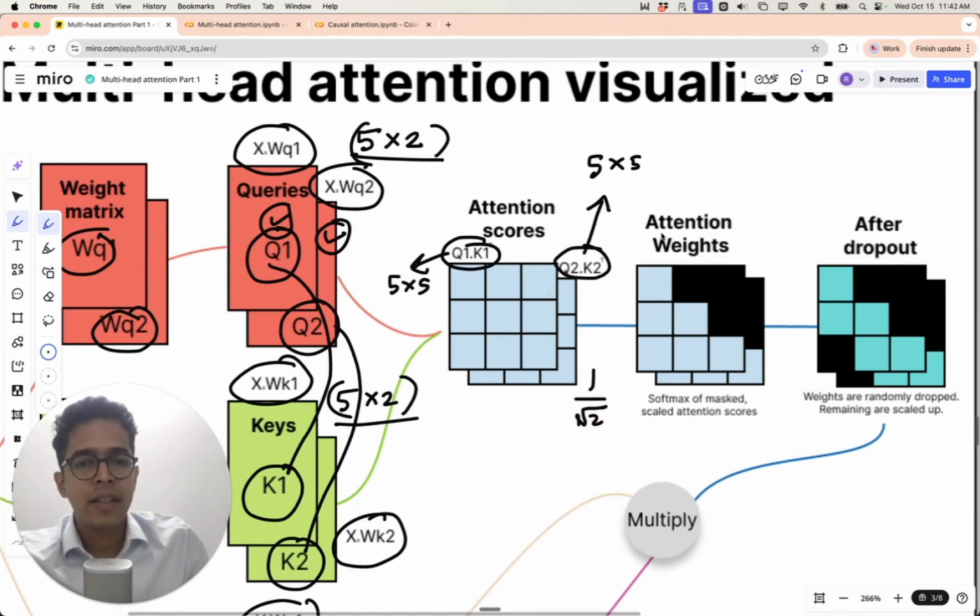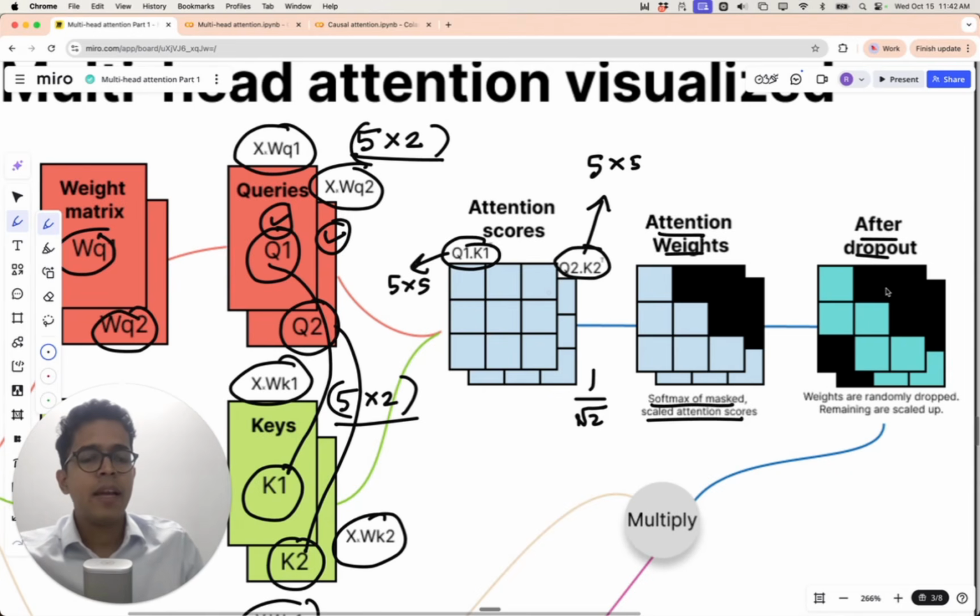Then we take softmax of the masked scaled attention scores to get the attention weights. After we have the attention weights, we perform dropout so that randomly some weights are dropped out. Then this is the final attention after applying the mask and after applying dropout.